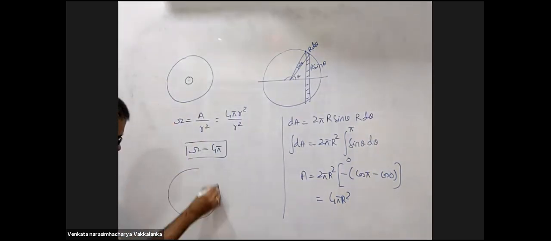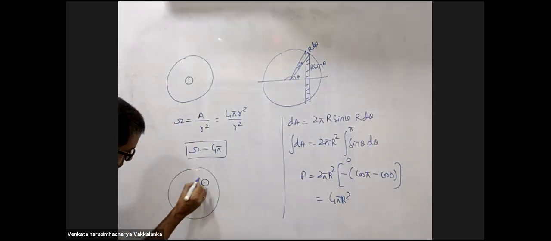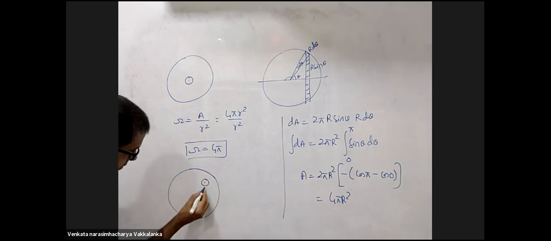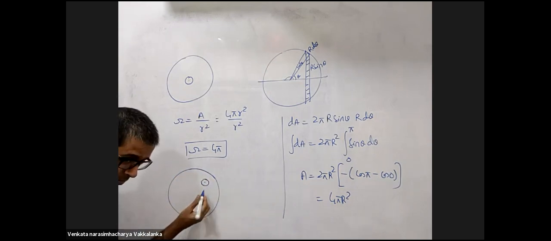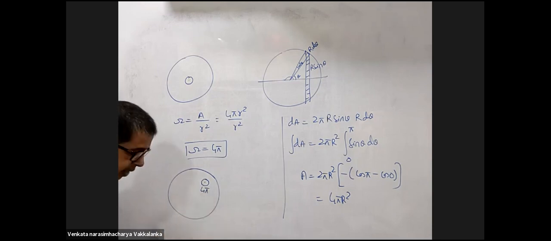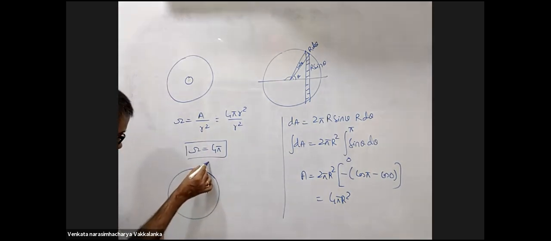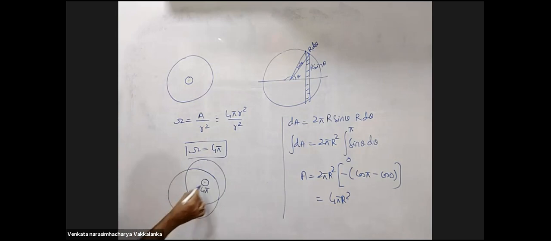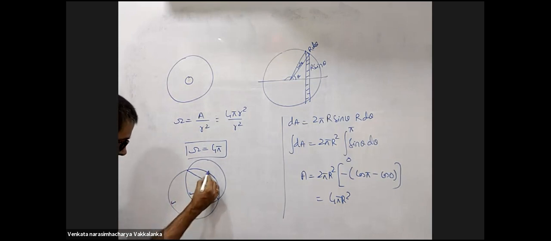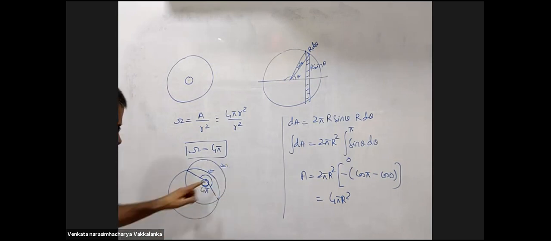Can I go one more step ahead and ask you what will be the solid angle subtended here? 4 pi. Solid angle subtended anywhere inside. How will you visualize that? Consider a sphere with this point at the center. This surface will subtend the same solid angle. This surface and this surface will subtend the same solid angle.